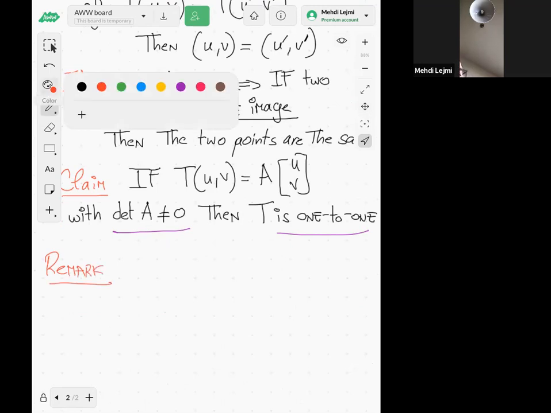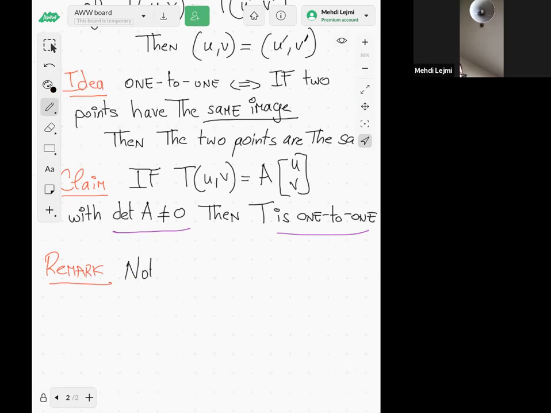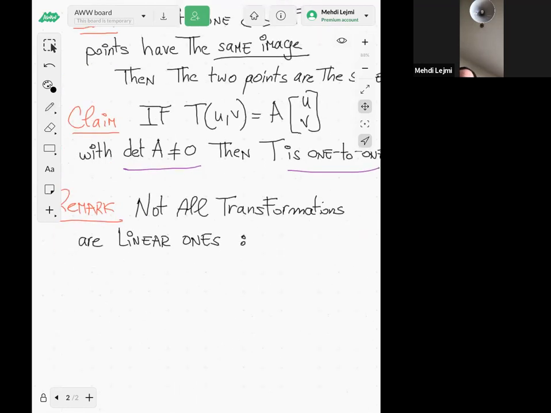Not all transformations are linear ones. For example, let me give you an example, and this would actually be the definition of polar coordinates, but I will define polar coordinates later anyway.